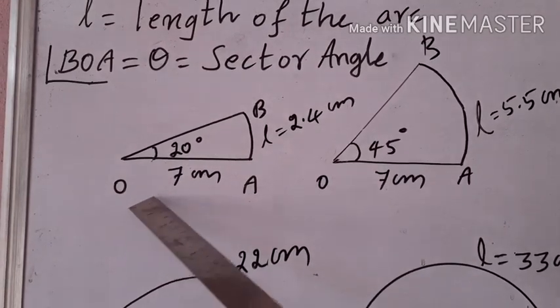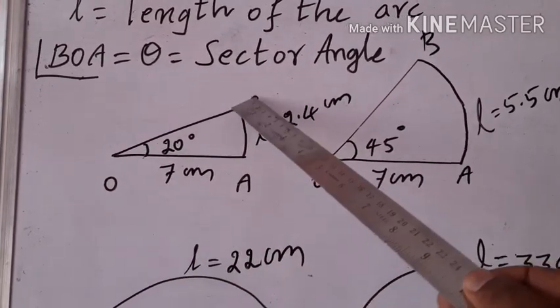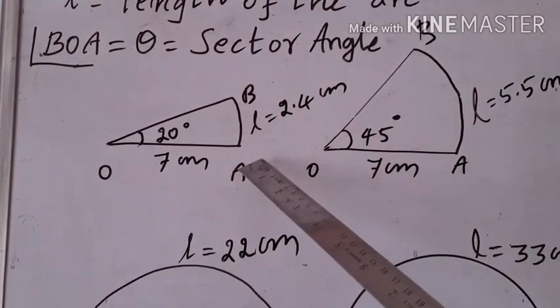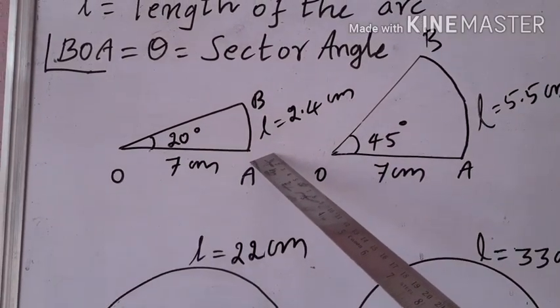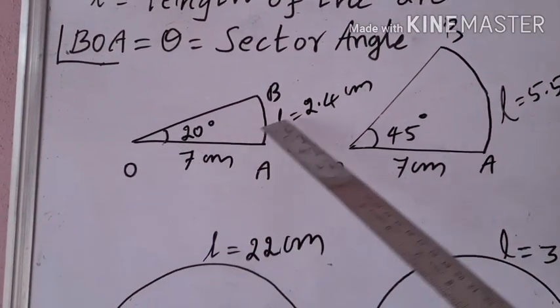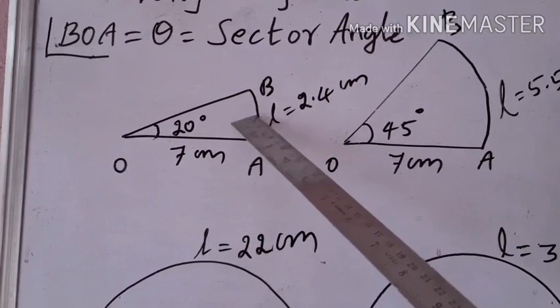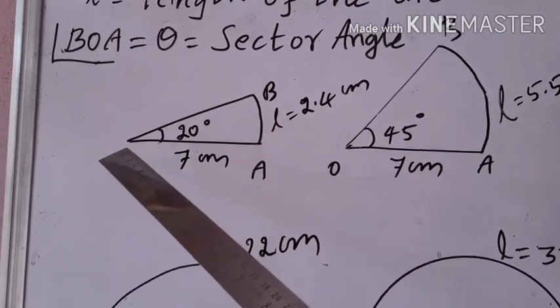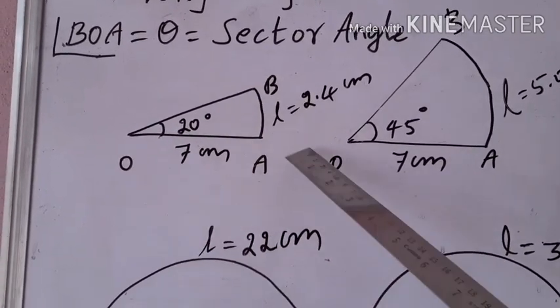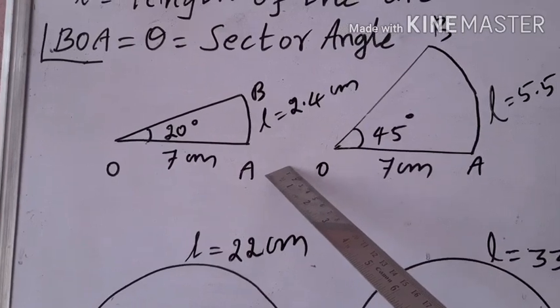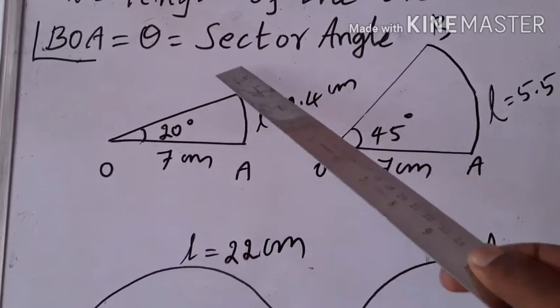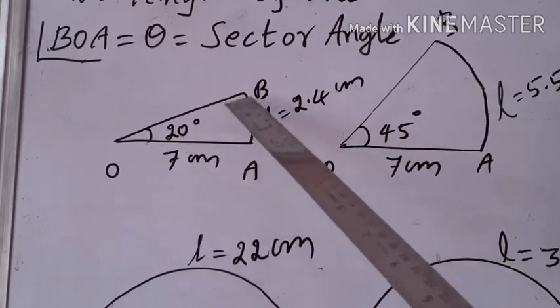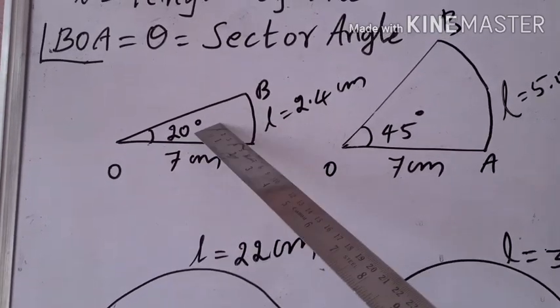Here, the two radii OA and OB are joined to the ends of the arc AB. The place covered by two radii of the circle and the arc AB is called sector of the circle.